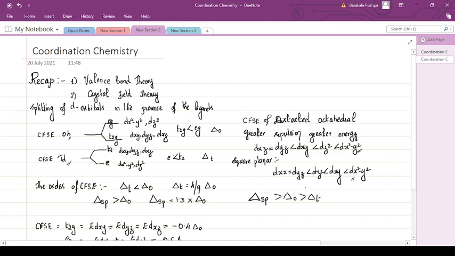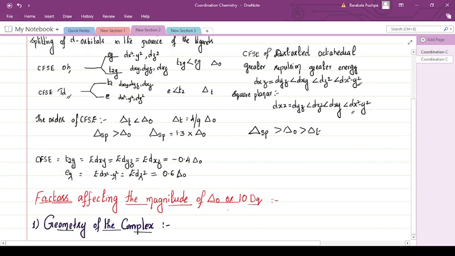Now, CFSE is such that each electron occupying the t2g orbitals in the octahedral case will have minus 0.4 delta O. That means the presence of an electron in the t2g level will stabilize the complex to the extent of minus 0.4 delta O, or 0.4 Dq.